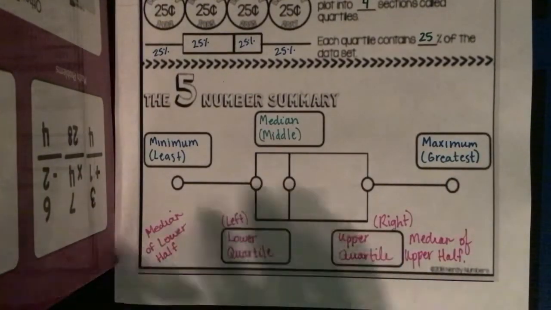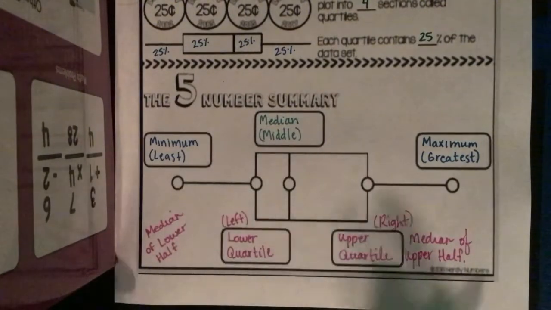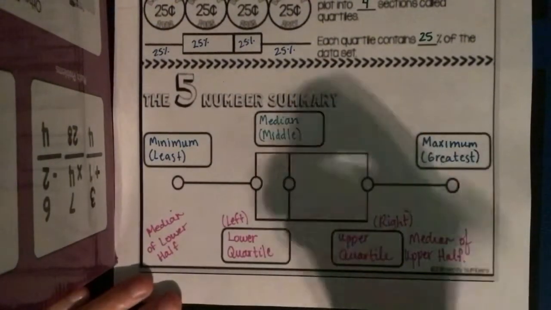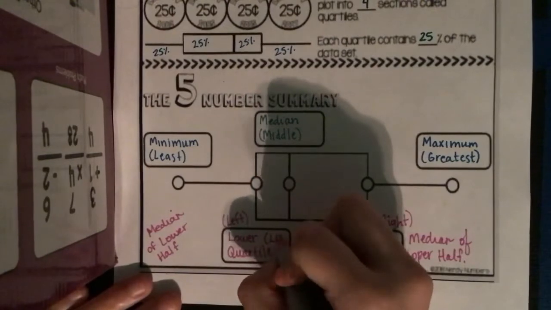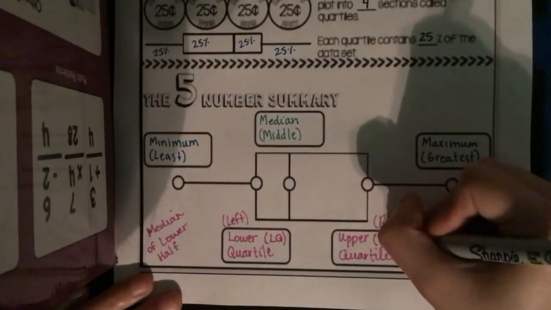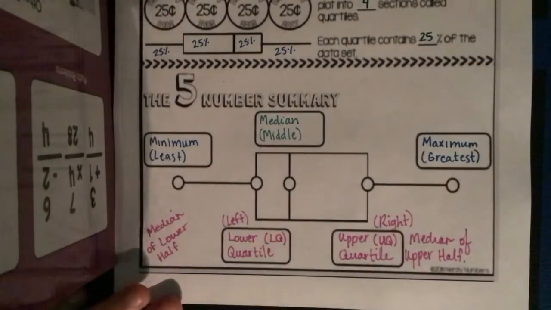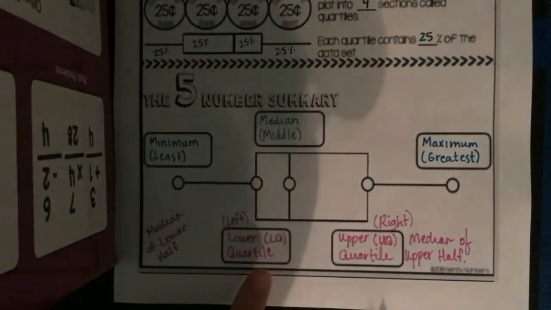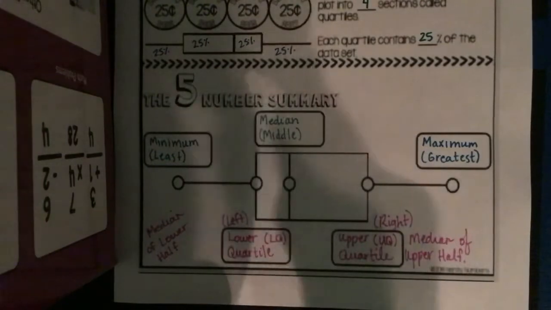Now, 2 other names, or abbreviations, for these: for the lower quartile, you may also see it as LQ, and for upper quartile, you may also see it as UQ. Just remember that LQ means lower quartile, UQ means upper quartile.